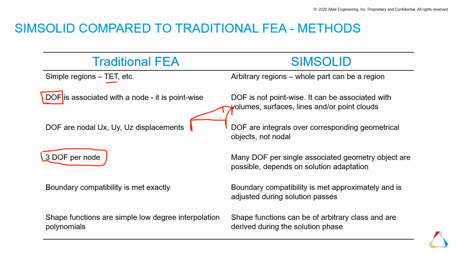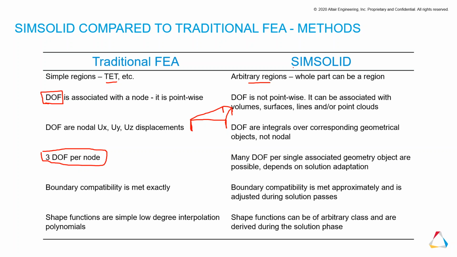But in SimSolid, because we have fewer elements, the degree of freedom equations are no longer placed at the node of the element. We place the degrees of freedom to represent this entire region, so we call it arbitrary regions here. With this, we get to create fewer equations to solve.